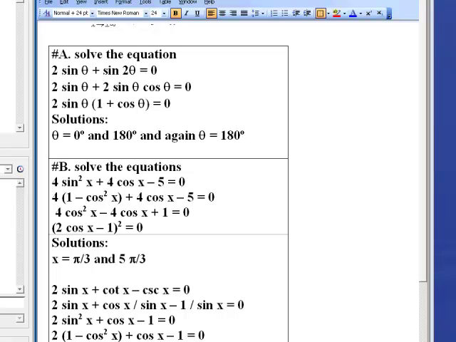So 120 and 240, and I'll convert those to radians in just a moment. And then the other one is going to come out to cosine x equals 1, which of course happens only at x equals 0. And then this one here is going to be 2/3 pi, and this one is going to be 4/3 pi.